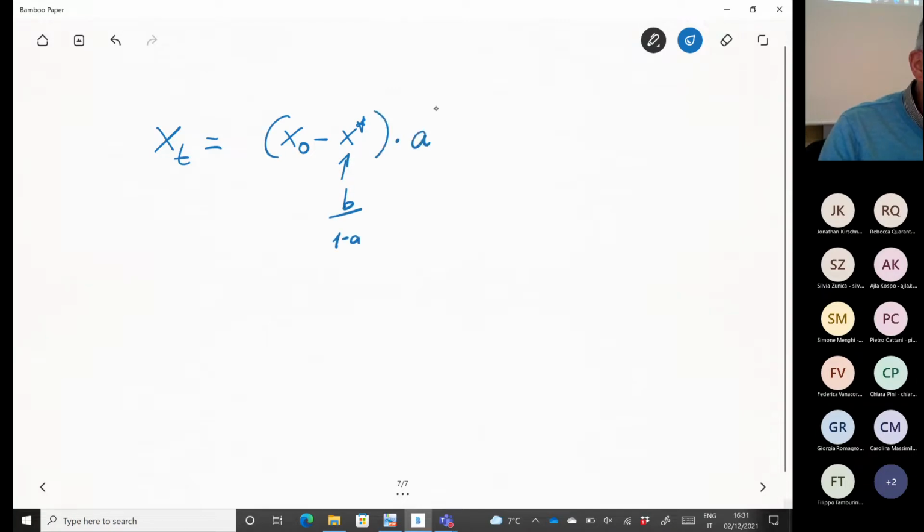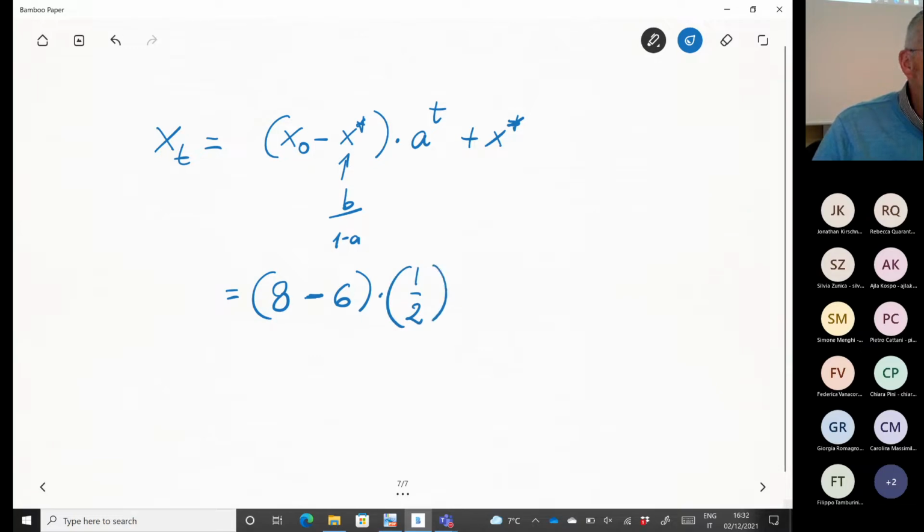Times a to the power of t plus x star. Replace our numbers. X0 is 8 in our example, minus 6. What is a? 1/2. It is between 0 and 1. It is less than 1 in modulus, to the power of t plus 6.